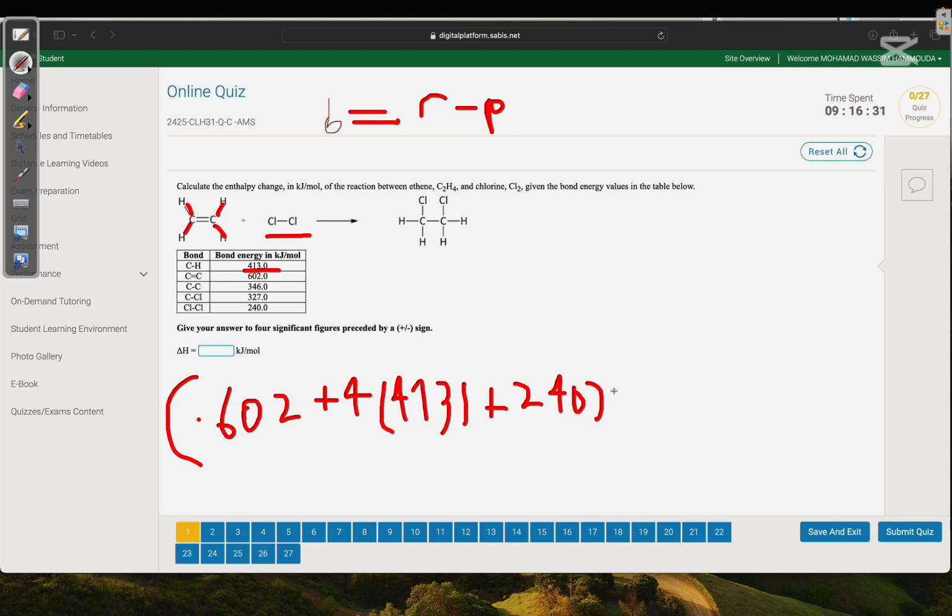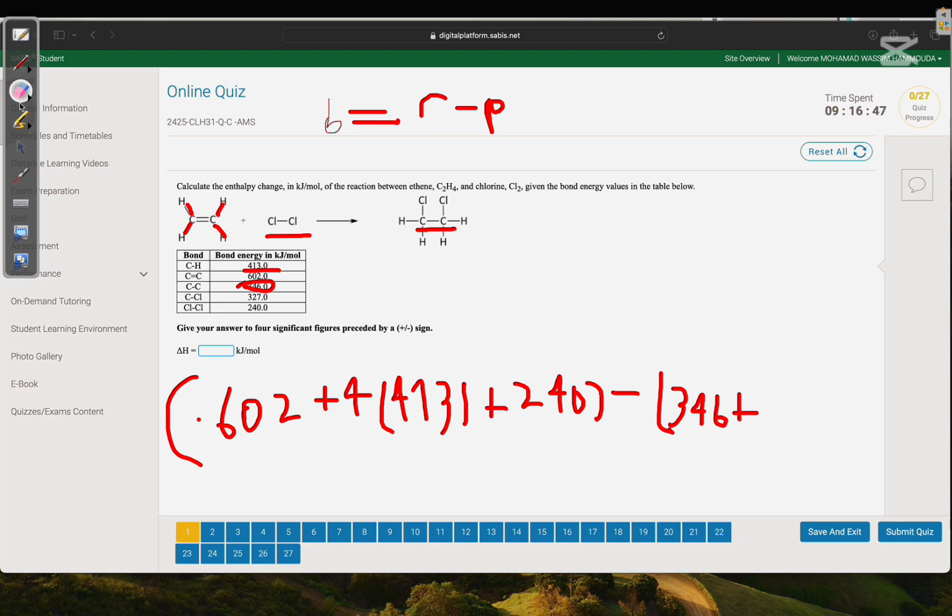All of this minus C single bond C, which is 346, minus 346 plus.